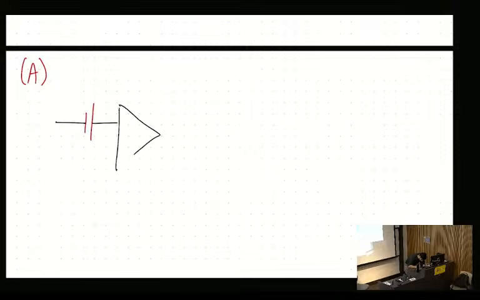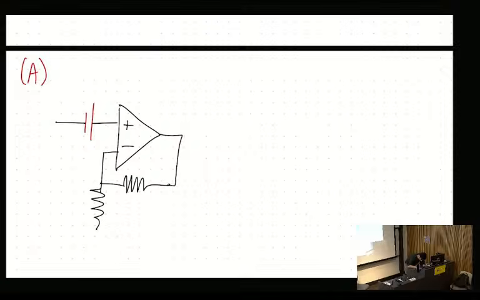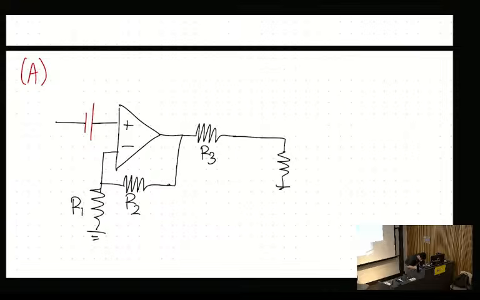So A. So we have some sort of offset voltage. Then R1, R2, R4. And then we have the trim pot here, so RP1.